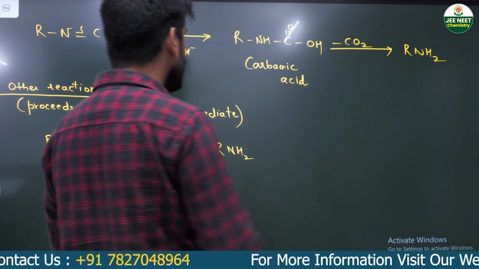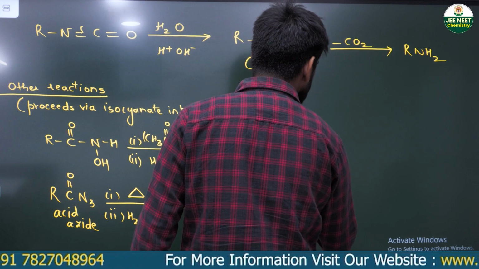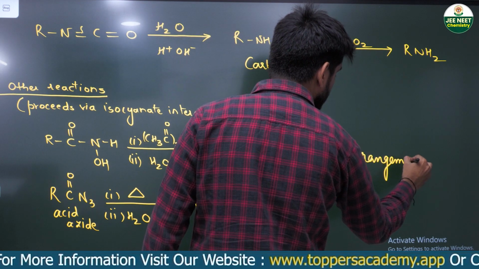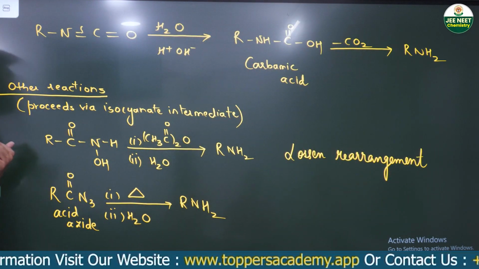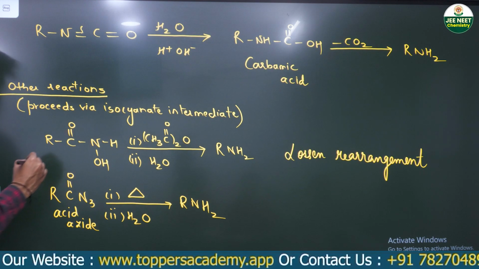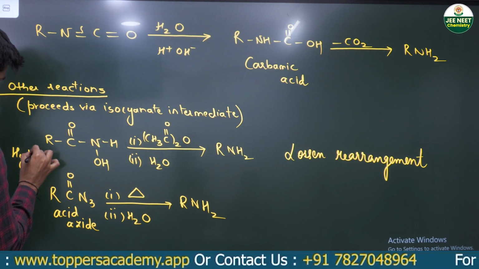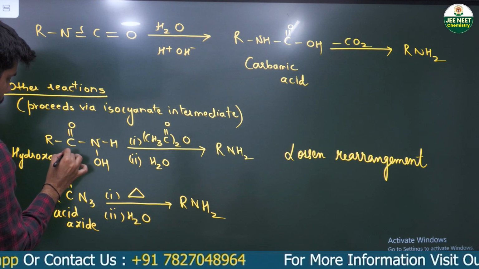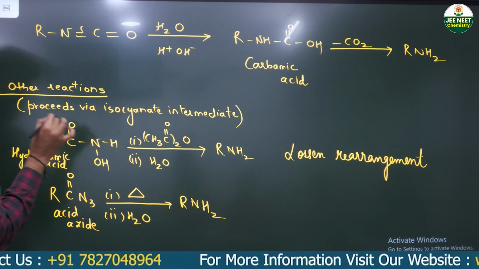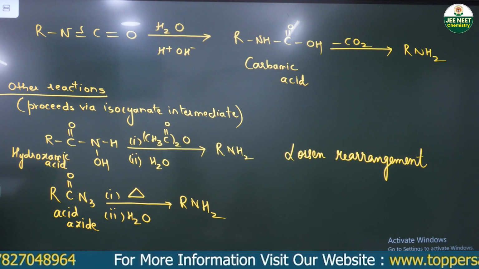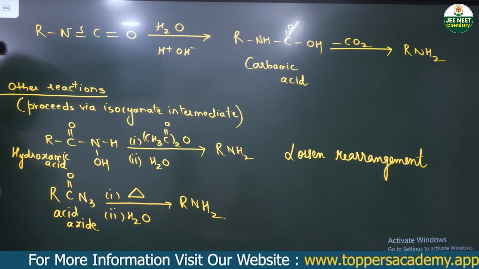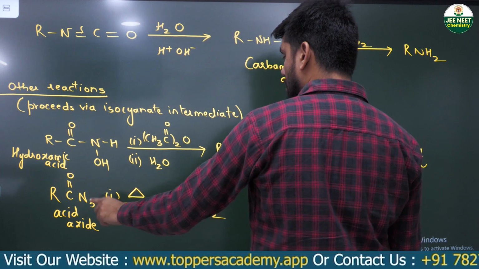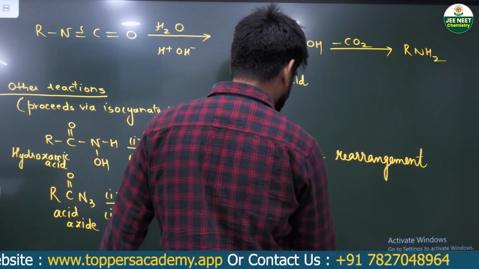This is your Lossen rearrangement, where we start the reaction from hydroxamic acid. Next, the decomposition of acid azide followed by hydrolysis is your Curtius reaction.